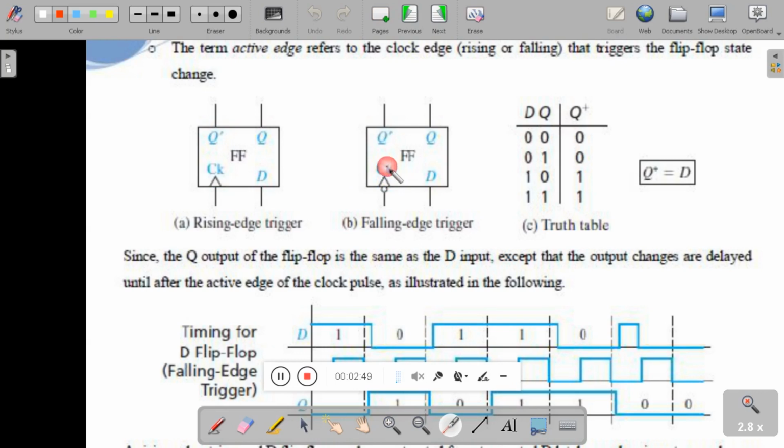Here we can see the negative edge of the clock. The negative edge is represented by a small bubble here. So the output of this flip-flop will change during the negative edge of the clock. And the truth table for the flip-flop is shown here. So we'll see now how this positive edge trigger and negative edge trigger work exactly.